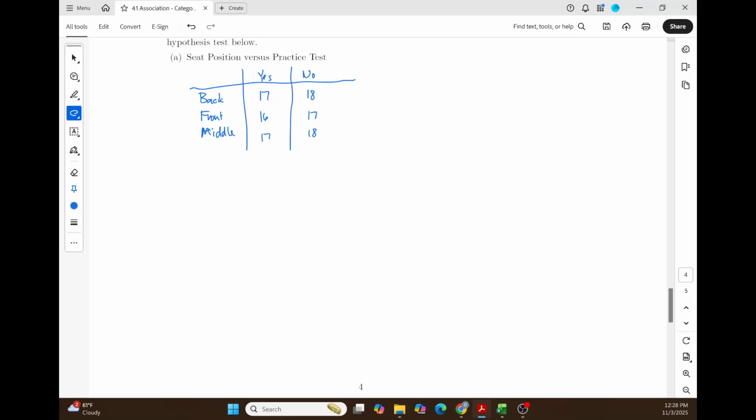okay? Our null hypothesis was that seat position and practice test are independent, and the alternative was that seat position and practice test were dependent.